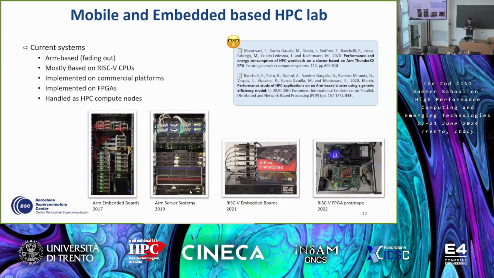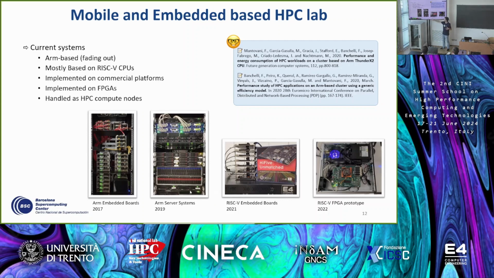Going back to the lab, these slides show that I'm old. Here are the old ARM embedded boards. Then ARM moved into the server market, so we got servers based on ARM.